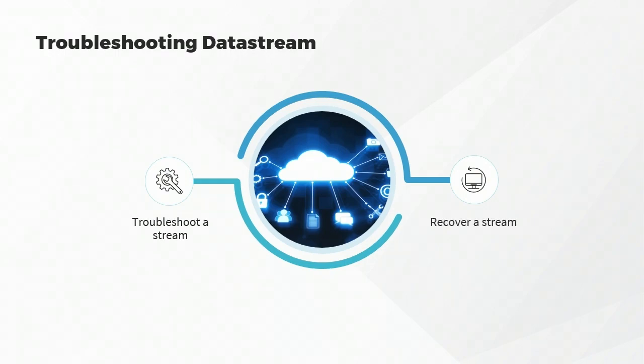Recovering a stream means we want to try to recover from what's known as the current position. If recovering a stream from the current position fails, then we want to try a couple of things. One thing I can do is drop or truncate the affected tables in the destination. I might need to do this because while the stream was down, Datastream might have missed some delete events, and delete events can't be recovered if you don't truncate the table before you do what's called a backfill.